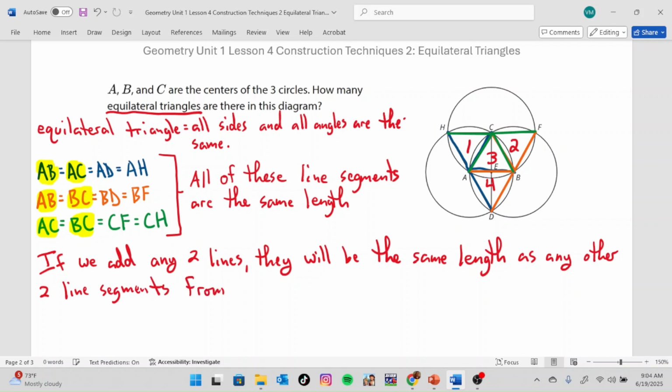And I want to specify that it's any 2 line segments from the list that we made. With this in mind, I want to highlight these line segments on the right side of our list.